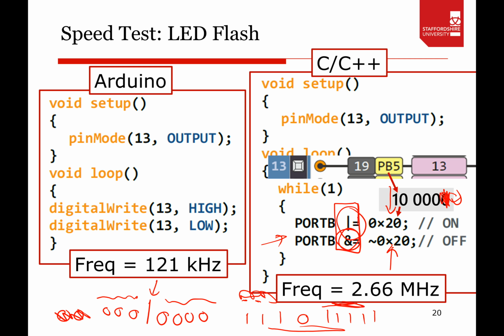So it's 0, 1, 2, 3, 4, 5, and we don't need that one. So we need an extra 0 there and get rid of that 0 there, because it's port 0, 1, 2, 3, 4, 5, 6, 7.